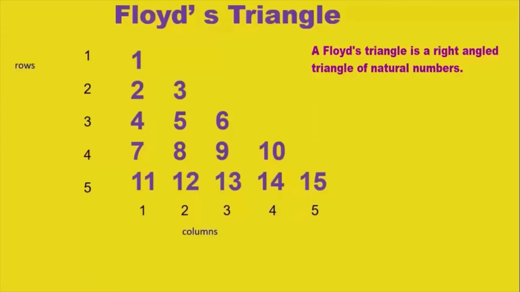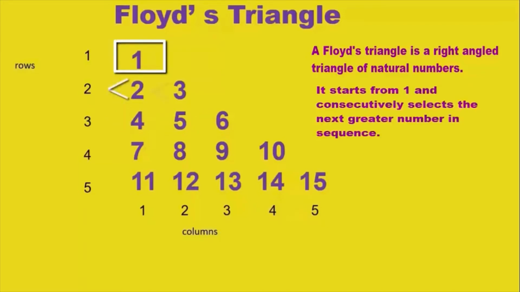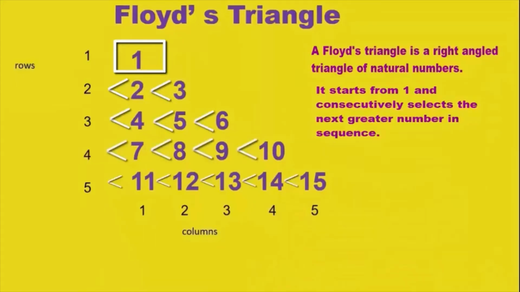We can see here starting number 1 on first row, then next greater number 2, then next greater number 3 on second row, then next greater numbers 4, 5, 6 on third row. Thus, it starts from 1 and consecutively selects the next greater number in sequence.